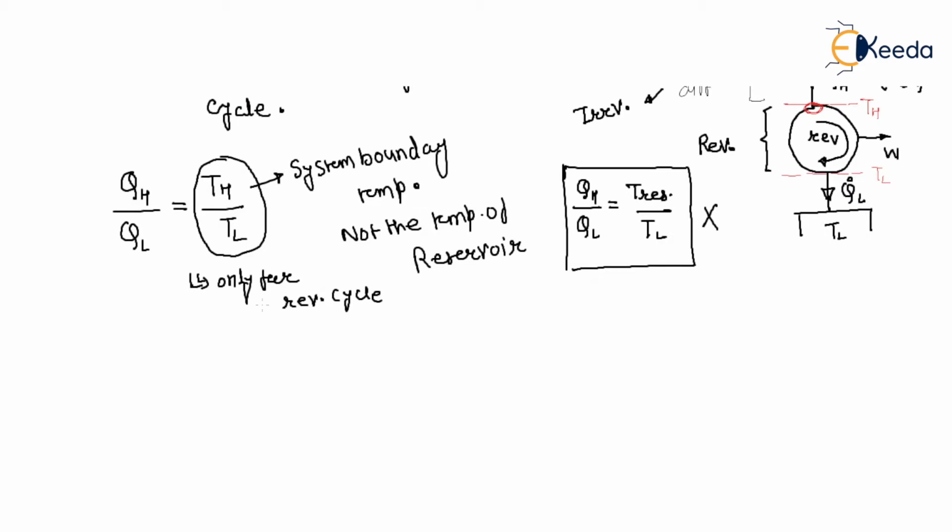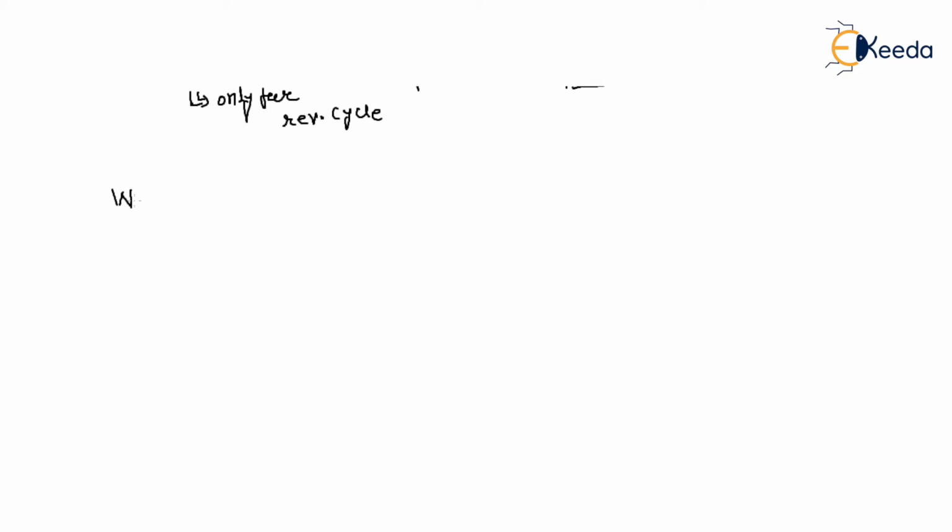So what is the net work out? What is the net work? It is equal to QH minus QL, and this is QH times 1 minus TL by TH, right?